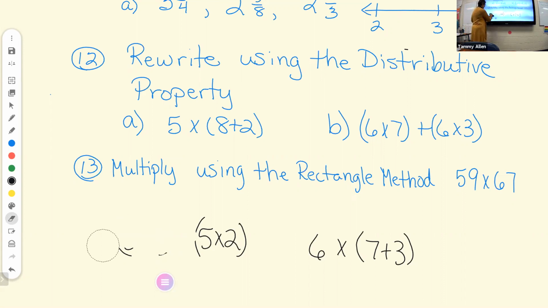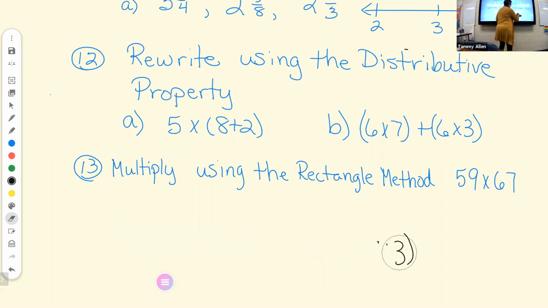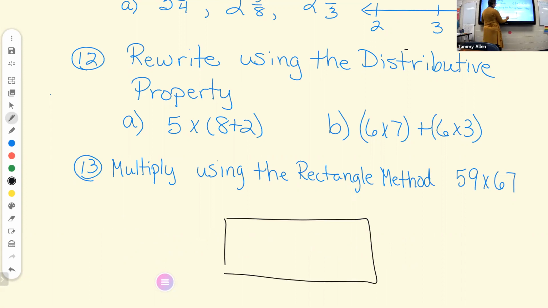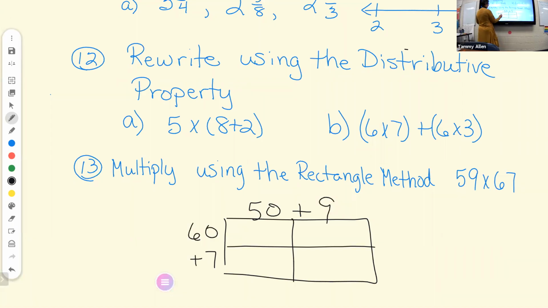And then, of course, the infamous rectangle method. What goes in here? 50 times 9. 7 times 2. 7 times 9.